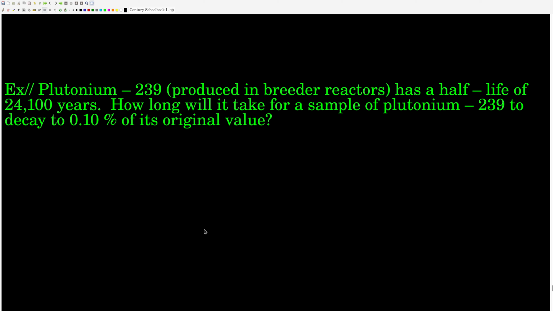That's what we're talking about here, to decay to 0.1% of its original value. So basically we're going to use the half-life equation to find the rate constant, and then from the rate constant we're going to use the integrated first order rate law to find when n over n0 is 0.1%. So why don't you guys work this out and come on back when you get your answers.